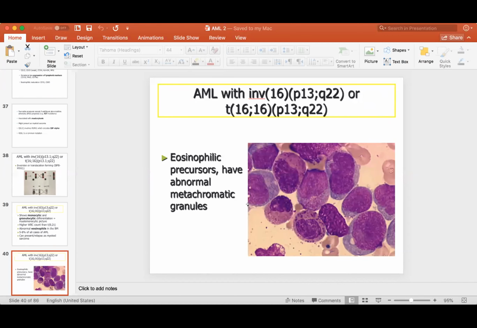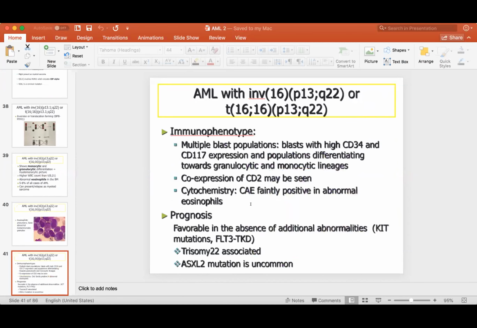This is characteristic of this type of leukemia. The blasts can show different markers, including high CD34 and CD117 expression in some of the blasts, and more monocytic differentiation markers in others. Chloroacetate esterase by cytochemistry will stain some of these abnormal eosinophils.